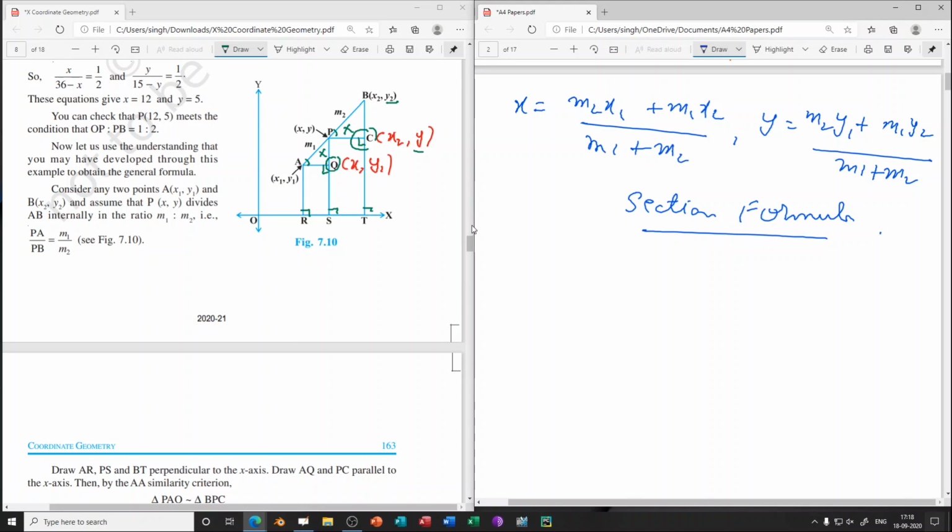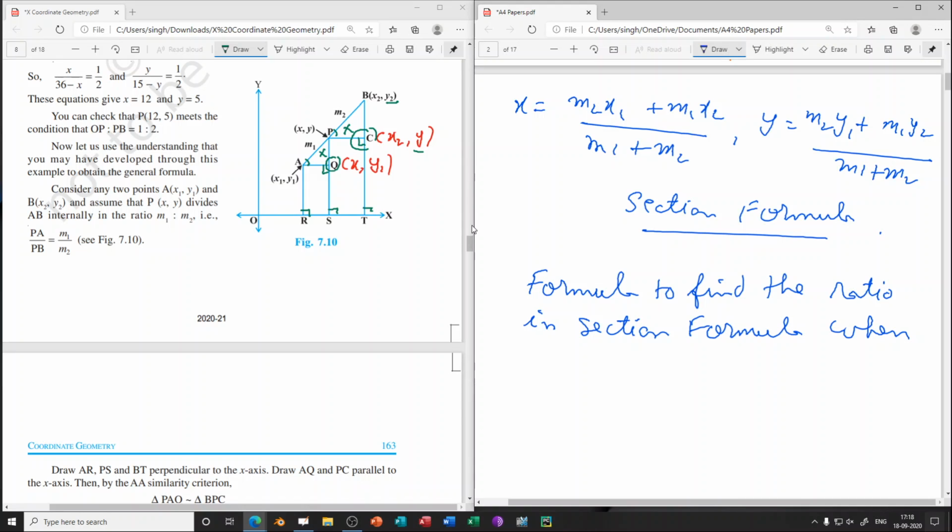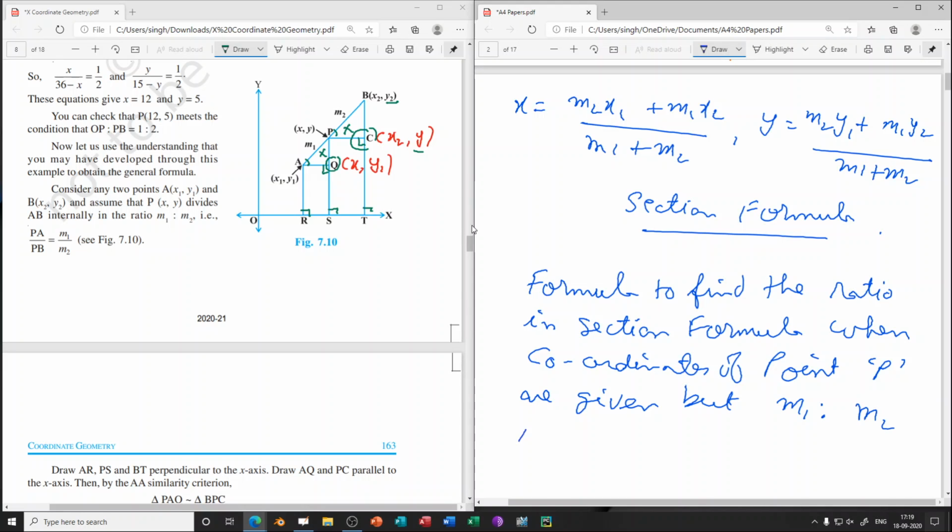In that case, because we do not know the ratio, the formula to find the ratio in the section formula is used when the coordinates of point P are given, but the ratio m1 to m2 is not given.